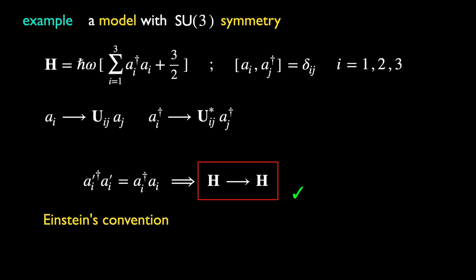Next, we show that the commutators of the ladder operators are also invariant under this symmetry. This should already be apparent from the A-dagger combination on the left-hand side of this equation, as well as the delta symbol on the right-hand side.